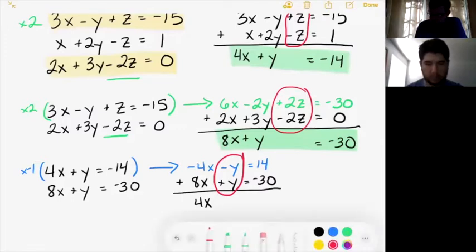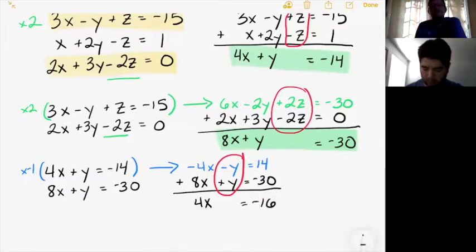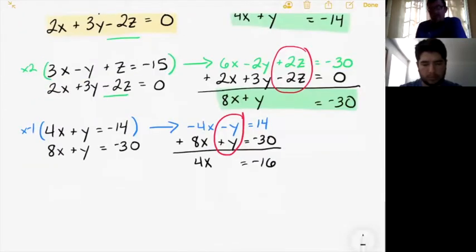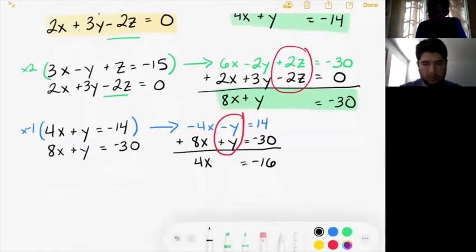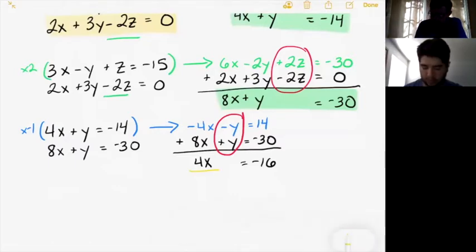That's going to give me a negative 16. I am one step away from knowing the value of x. What's the one step? Dividing by 4. That's exactly right, dividing by 4. Well done. So I end up with x equals -4.